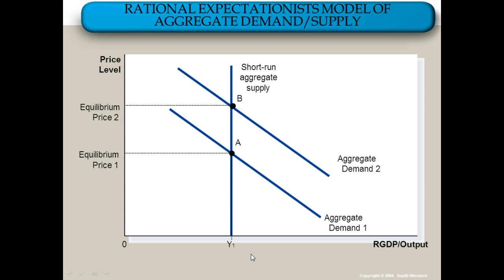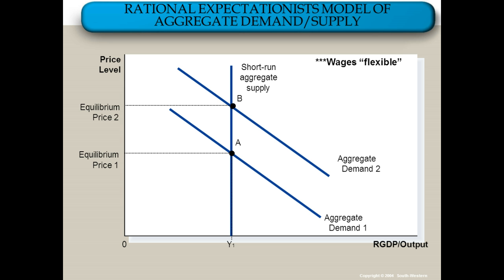And they believe this is true because, unlike Keynes, who believes wages are very inflexible, or stuck, the rationalists believe wages are very flexible, meaning that as soon as prices rise, wages should go with them. That's why they're called the rational expectationists. They believe that people rationally expect inflation to occur, and therefore they negotiate wages that keep up with that.